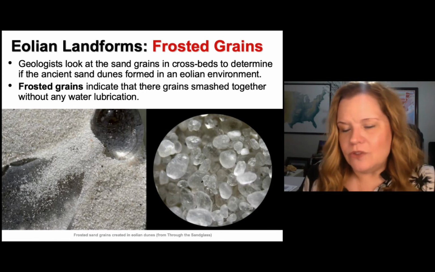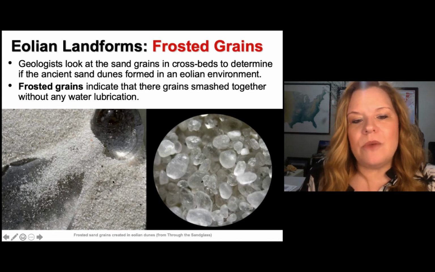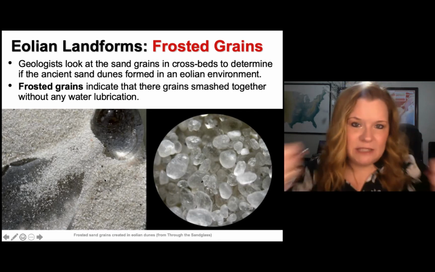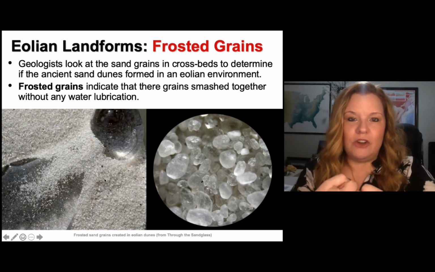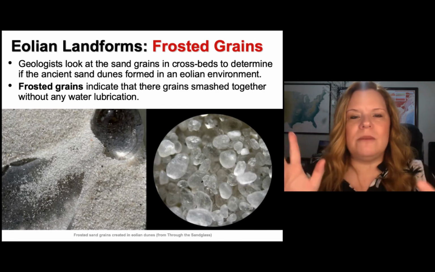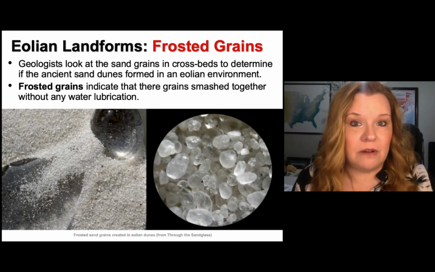So if we get a close-up look at sand grains, and they have a frosted appearance like these do, then we know that they were grains that were formed in the desert, because they smashed like marbles, like clear marbles, and they have a kind of frosted look that marbles that haven't been smashed don't have.